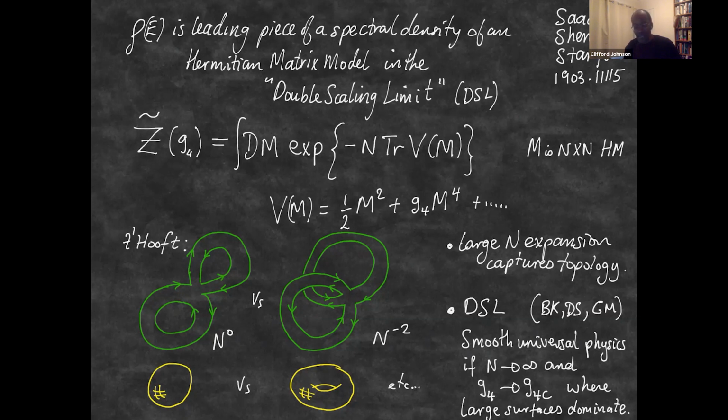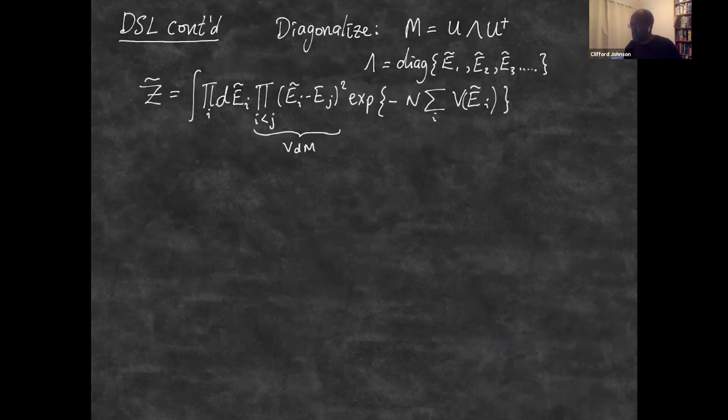That double scaling limit then yields for you a theory which sort of creams off the good stuff from this model and yields quantities that then capture the continuum physics.